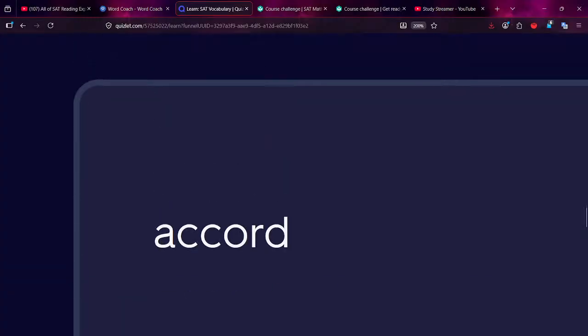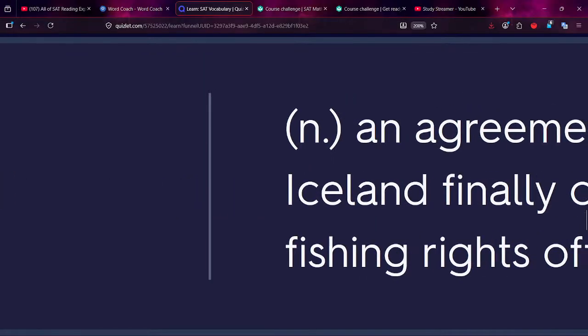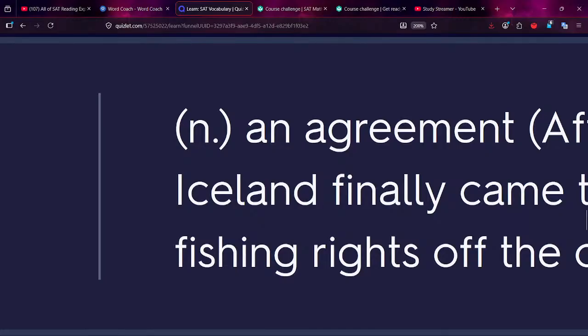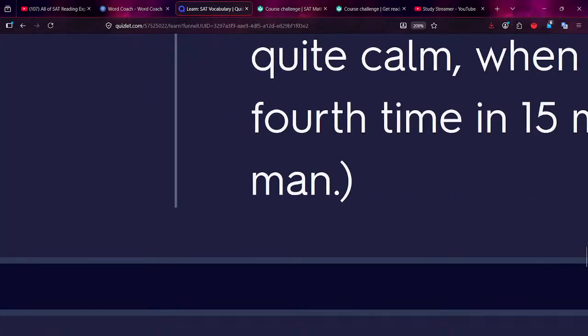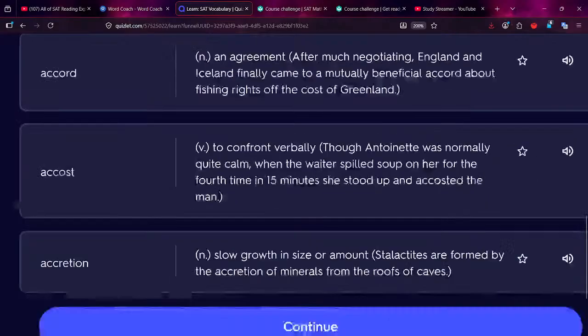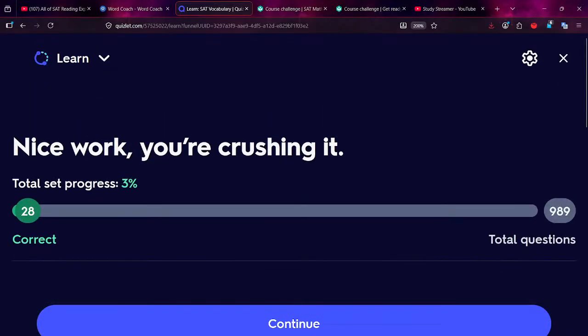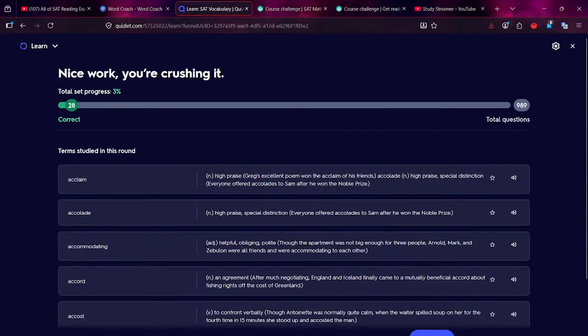So the only word is accord, which is going to be to verbally agree, or not accord, accost. I meant accost is to confront verbally. Yeah. All right. That's it for the vocab for today.